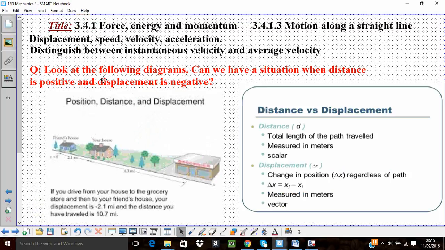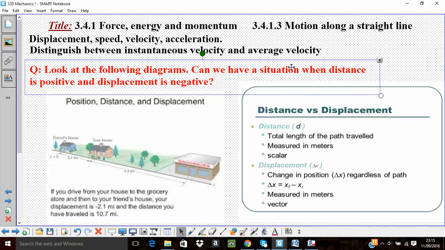The question again, look at the following diagrams. Can we have a situation when distance is positive and displacement is negative? If we look here, you drive from your house to the grocery store and then to your friend's house.